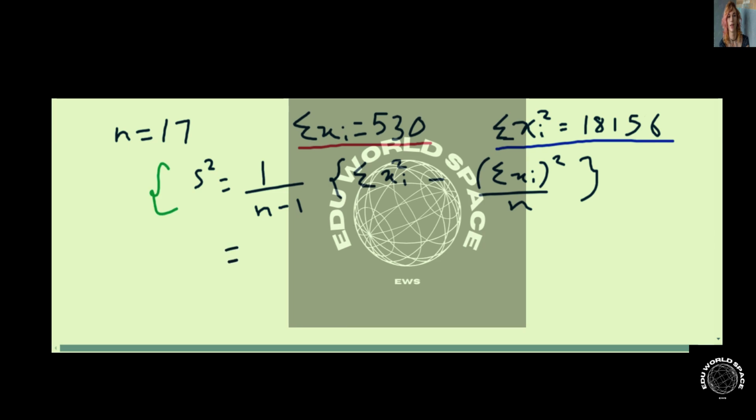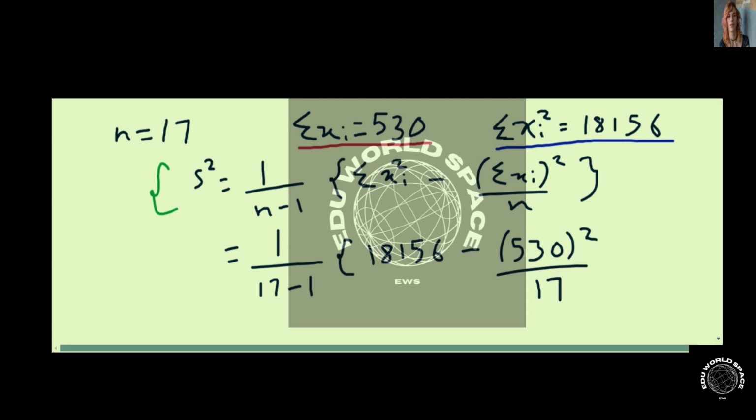Let's plug in the values we have. We have 1 divided by n minus 1, where n is 17, which is the sample size. Summation of xi squared is 18,156. Summation of xi is 530, and we square it, and n here is 17.